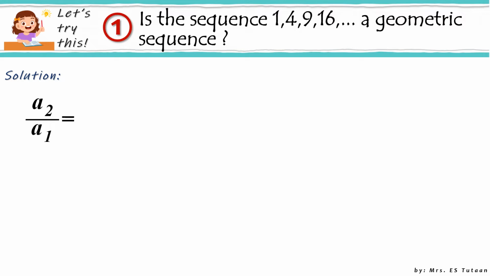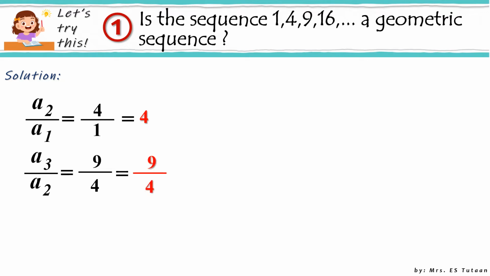Okay, let's go back to the solution. We have a sub 2 divided by a sub 1 that is equal to positive 4 divided by 1, and the quotient or the ratio is 4. Another pair of terms, we have a sub 3 divided by a sub 2 that is equal to 9 divided by 4.